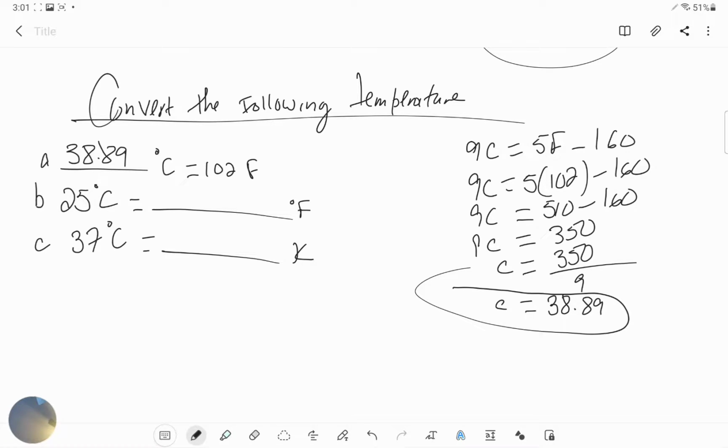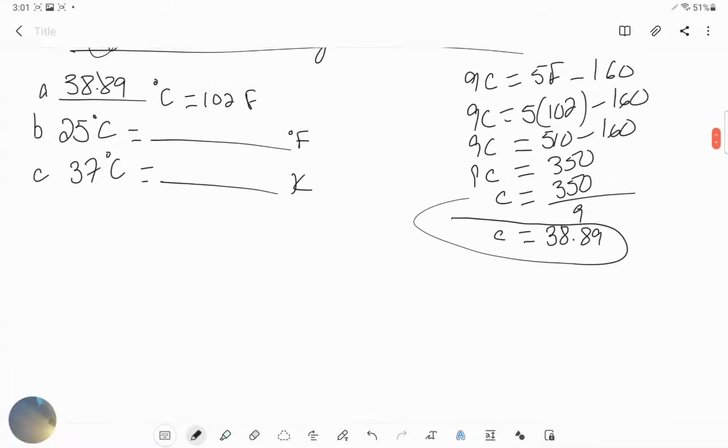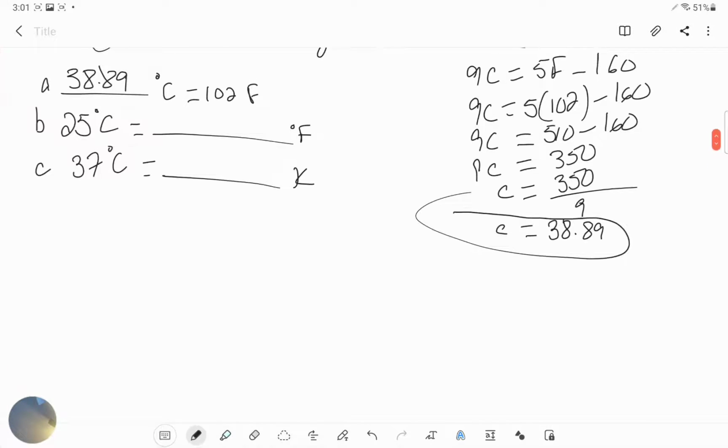The next one in your book, 25 Celsius to Fahrenheit. Same formula: 9C equals 5F minus 160.